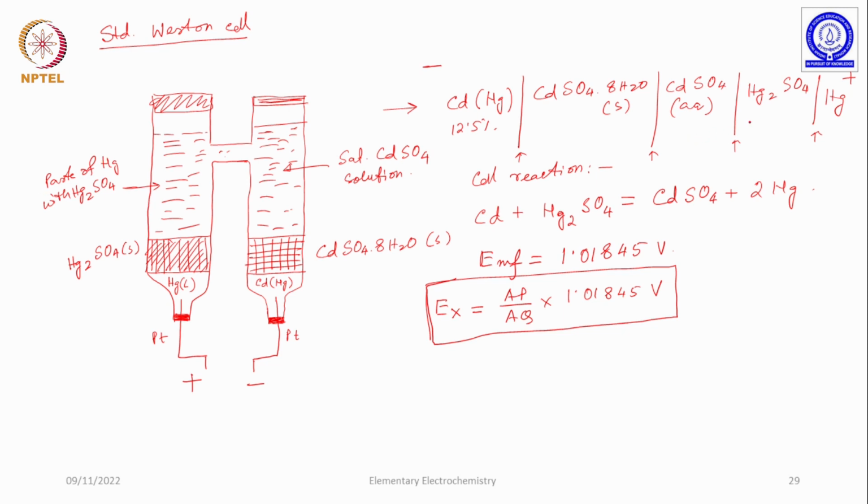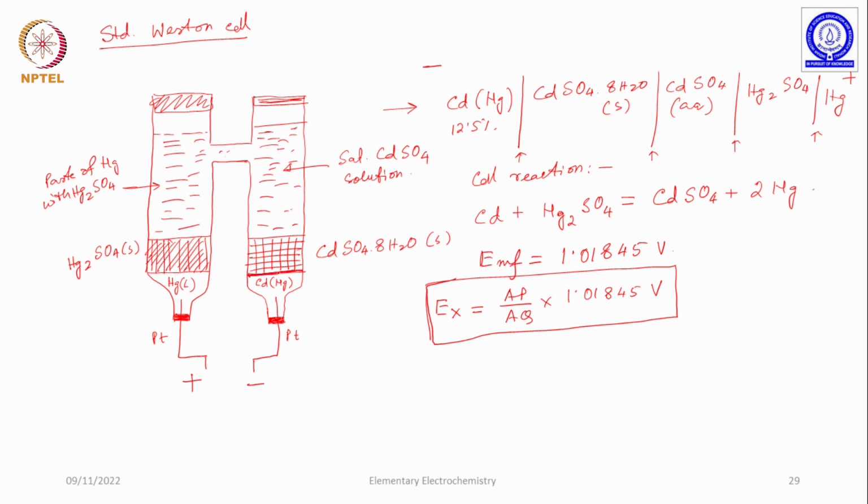So, that is here, and then that mercurous sulfate and cadmium sulfate solid is again a boundary here. Cadmium sulfate to cadmium sulfate solid, there is a boundary here, and then cadmium sulfate solid to mercury amalgam, that is cadmium amalgam, is also a boundary here.